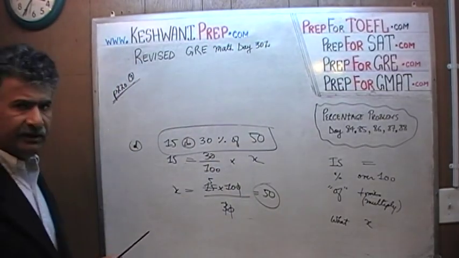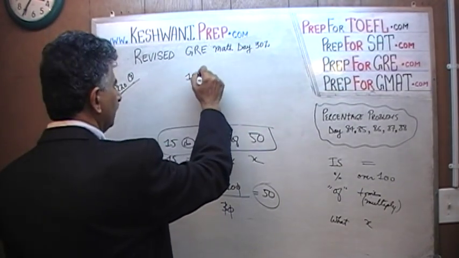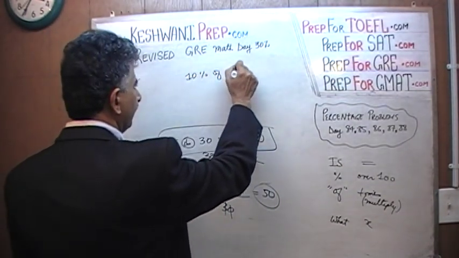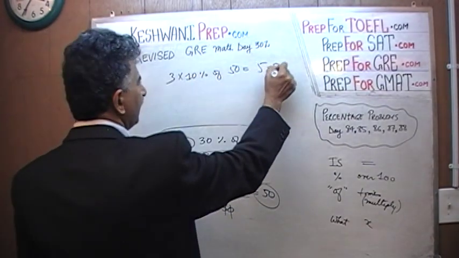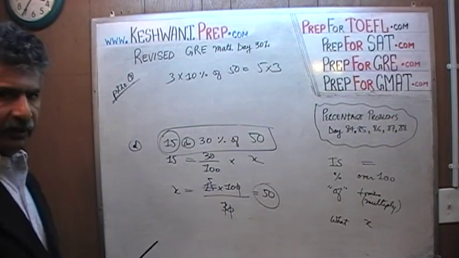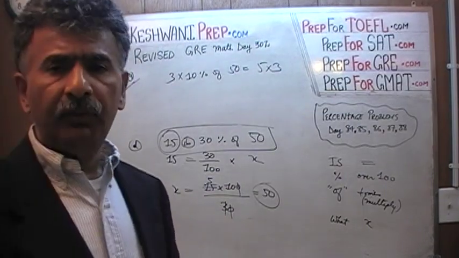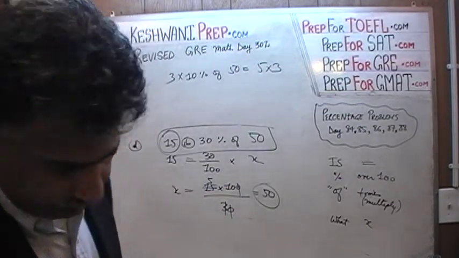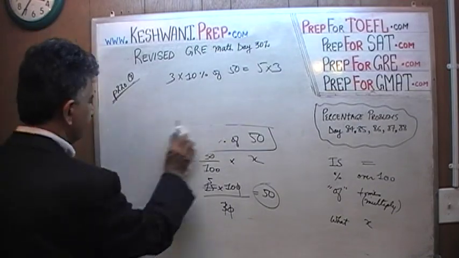We're claiming that 15 is 30% of 50, which makes sense because 10% of 50 is 5, therefore 30% is going to be 3 times as much, which is 15. Let's move on then. Part E, the very last one.